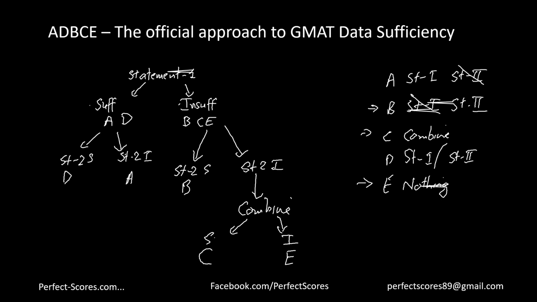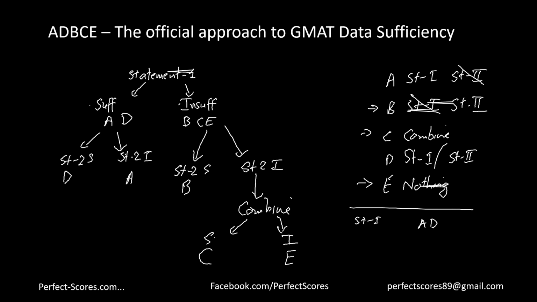Okay, so I'm going to take a moment here and ask you guys, is that clear to you? Yeah. So if A is the answer, then I can actually rule out between AD and BCE. What you do is, once you do statement 1 and it turns out to be sufficient, then you write AD.